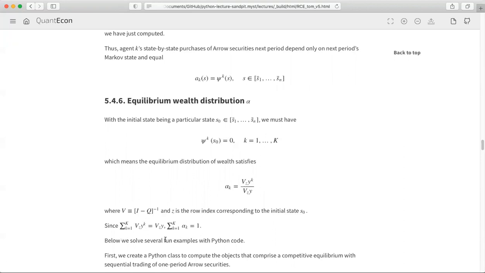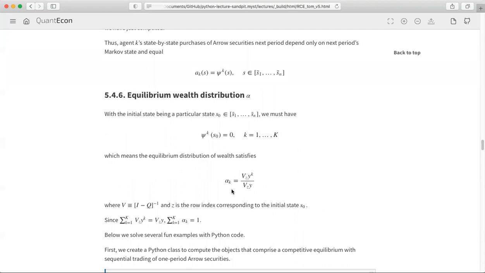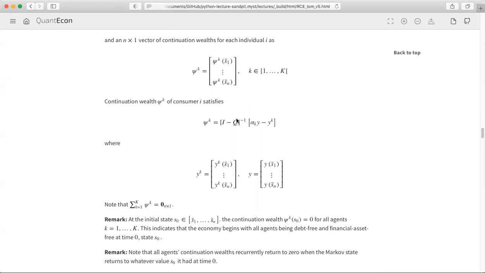So we could read this notation. That's how we get this. So once we have that, we've computed. The way the flow would go is, first you compute the Qs, then you compute the alphas, and then you can compute continuation wealths.